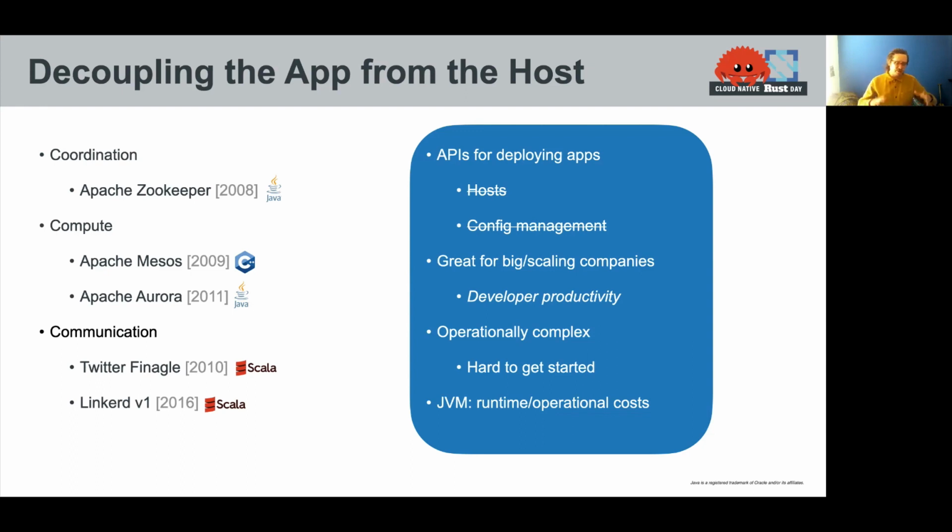I want to write software, build an artifact, get it running. And this was really great for Twitter and other growing, scaling companies, Uber, Lyft, et cetera, where you now need to focus on developer productivity. We have hundreds of engineers. How do we get them to write software, ship it to prod quickly without having to think about all the operational overhead? How do we stratify that and separate that?